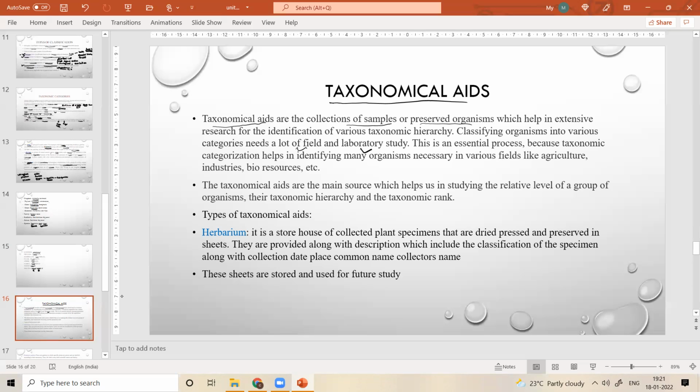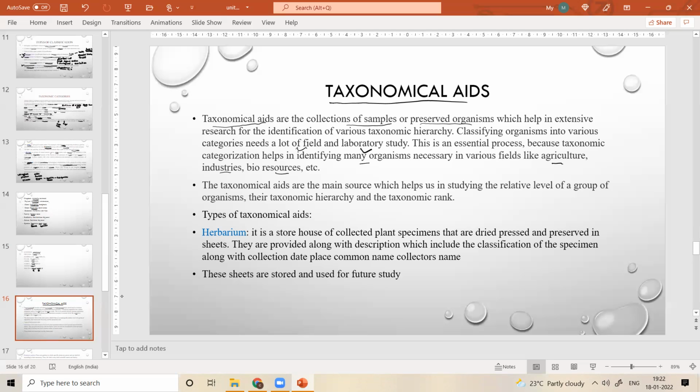So this is an essential process, because taxonomic categorization helps in identifying many organisms necessary in various fields like agriculture, industries, bioresources, etc. So this categorization and classifying helps in identifying as many organisms as possible.